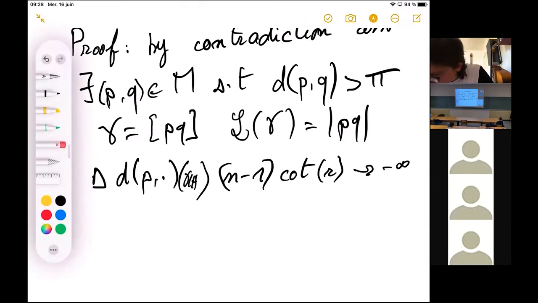And since I take my geodesic parameterized by arc length, I have this thing. And I know that the distance function will be smooth in the interior of any minimizing geodesic. So I have my minimizing geodesic here, and I know that it's smooth on the whole of gamma.